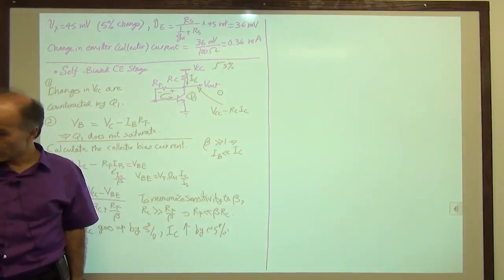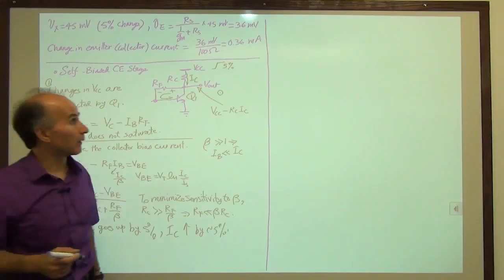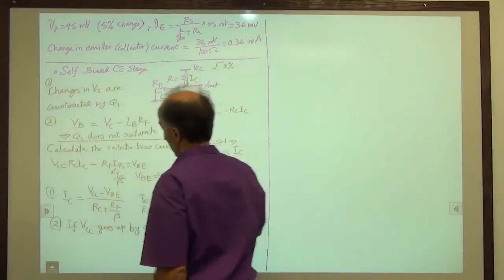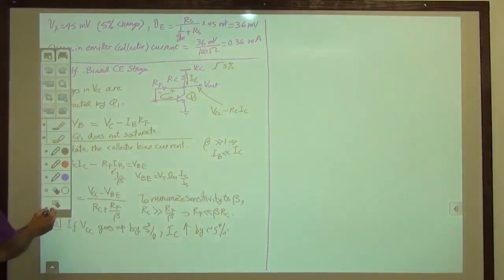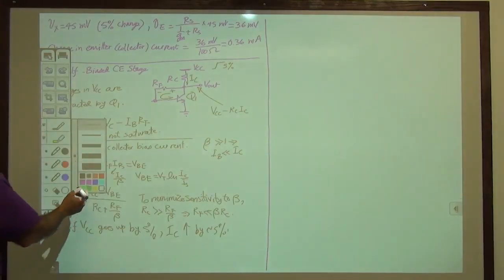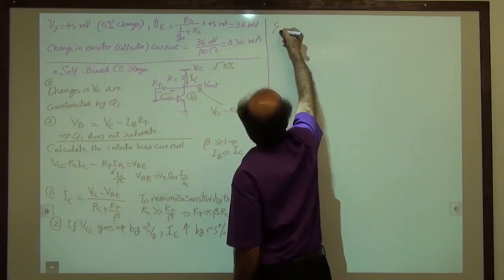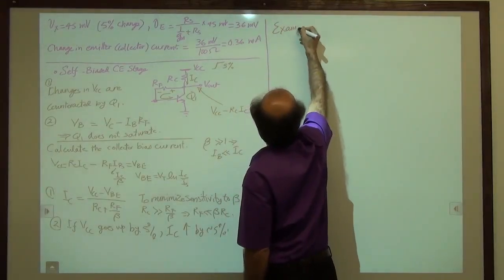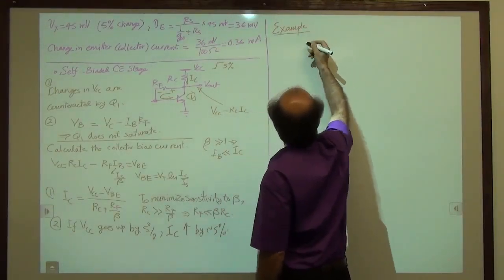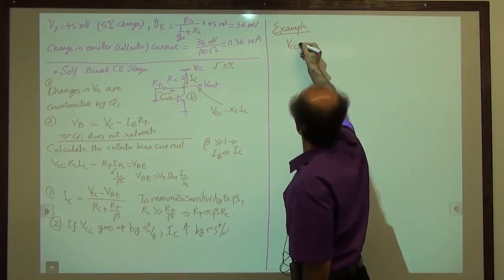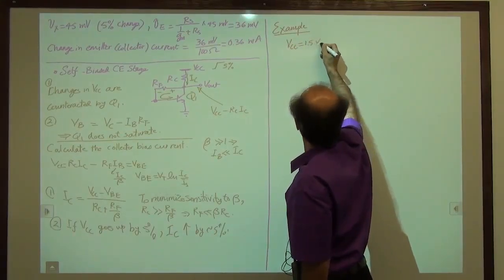Okay, let's go through a quick example with numbers just to get comfortable with this self-bias stage. So I'll change the color. Example. Again, VCC is 1.5 volts.